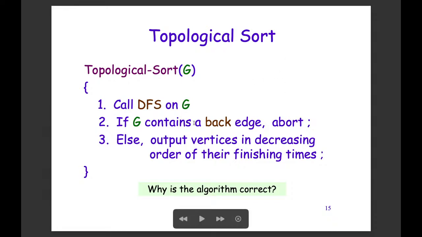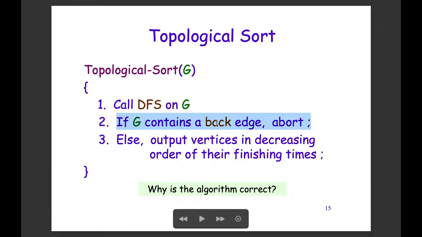To apply DFS on a graph G, we can start with any node and do DFS, and if there are still remaining unvisited nodes, we continue to do DFS, and so on and so forth. Now we are dealing with a directed graph.